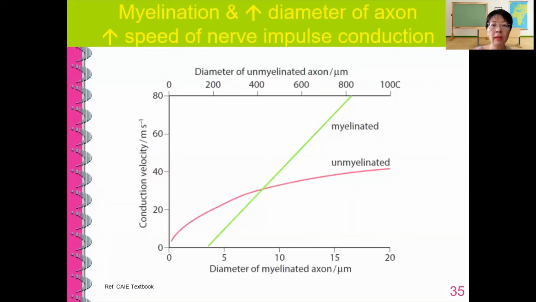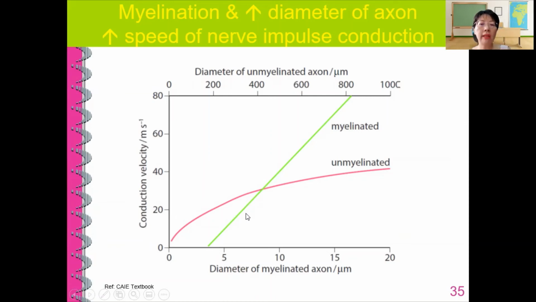Okay. Now this graph shows you there are two lines here. Okay. So it shows you the diameter of unmyelinated axon and the diameter of myelinated axon and the speed of conduction, so conduction velocity.